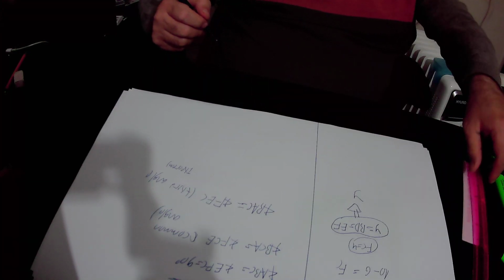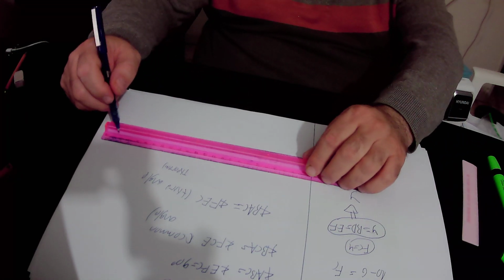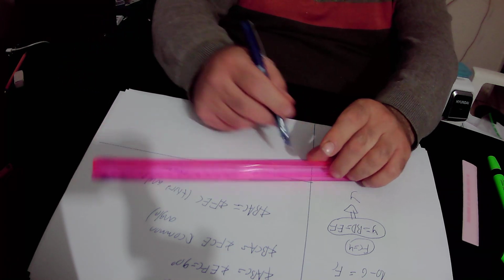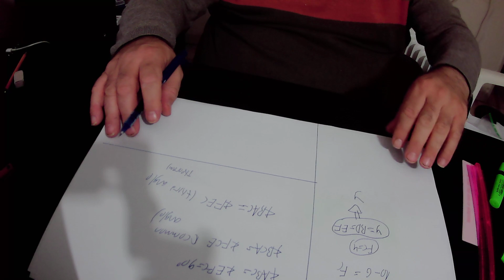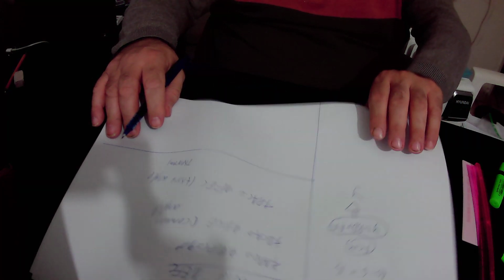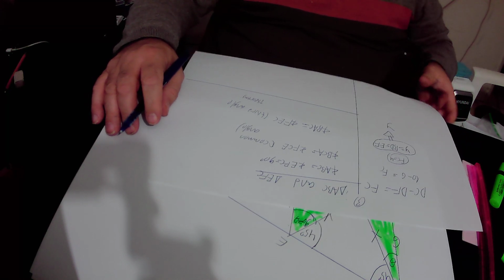Actually, the third angle theorem states that if two angles in one triangle are congruent to two angles in another triangle, then the third pair of angles must also be congruent because the angles sum to 180 degrees.